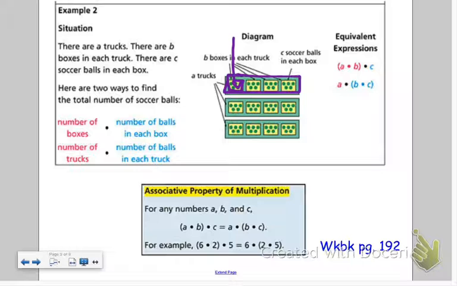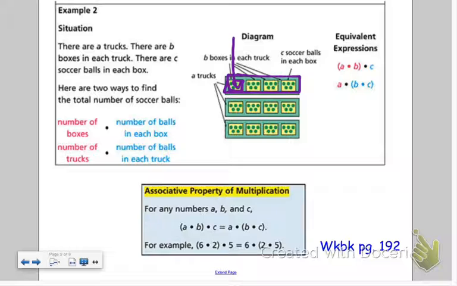Well, maybe I want to take the trucks, which is A, the number of trucks, and multiply it by the number of boxes, and that'll tell me how many boxes are in each truck. But then if I want to know how many soccer balls that is, I would have to do that product times C. So the number of boxes times the number of balls in each box.